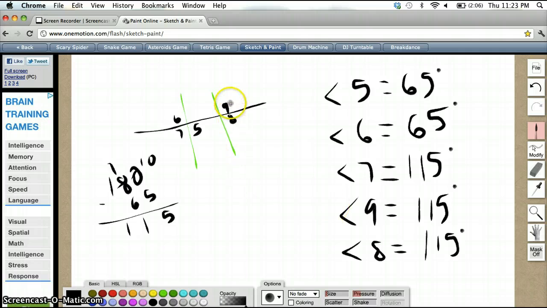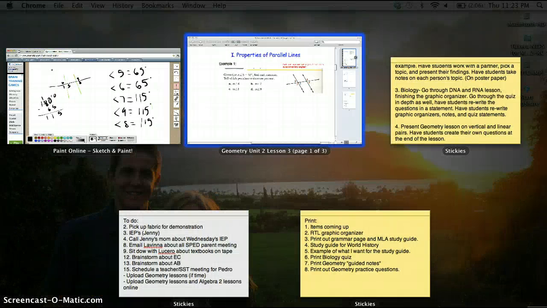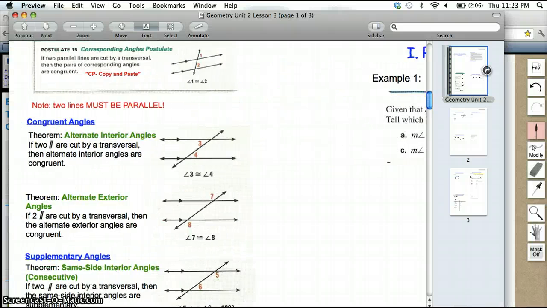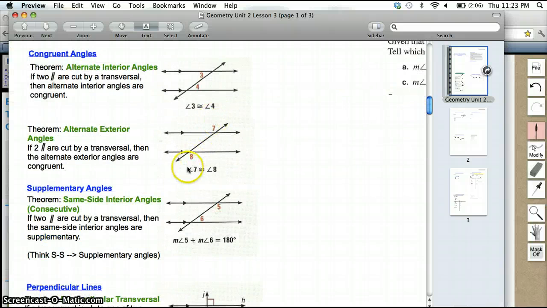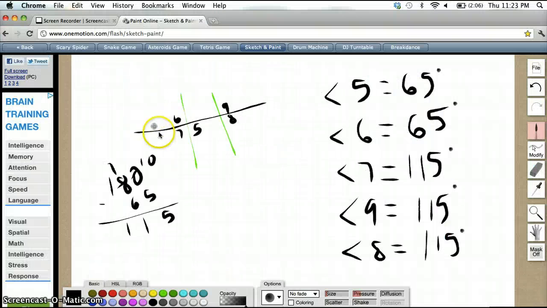Now angle 9 and angle 7 are alternate exterior angles, and alternate exterior angles are equal to each other. So if angle 7 is 115 degrees, angle 9 is also 115 degrees.